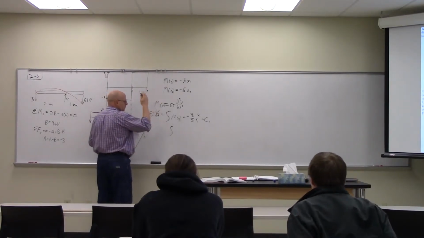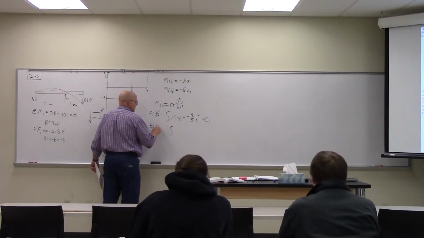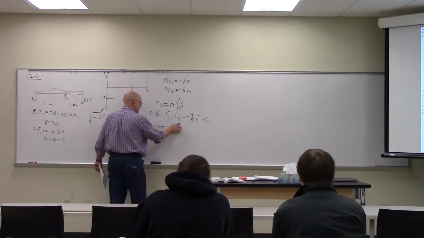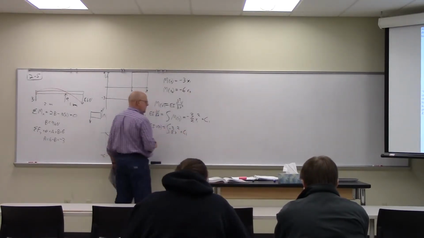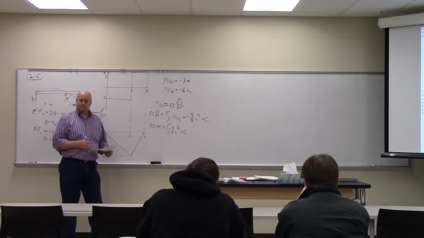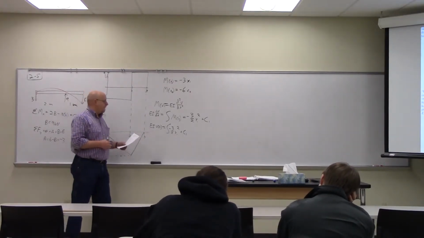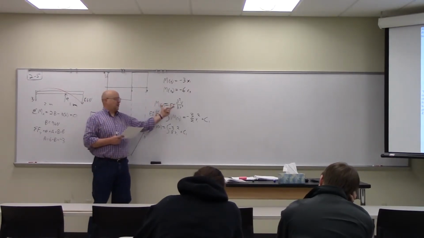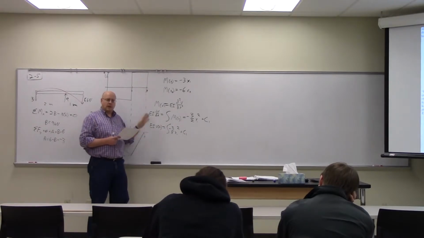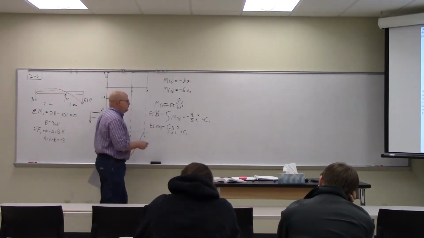So EI times v of x is equal to the integral of minus 3 halves x1 squared plus c1 dx. I'm just integrating the right-hand side, integrating both sides with respect to x. So I integrate this thing, and EI comes out. I'm just leaving the EI on the left side. So we just keep the pure integrals on the right. We can put the constants where we want to. So what's that?